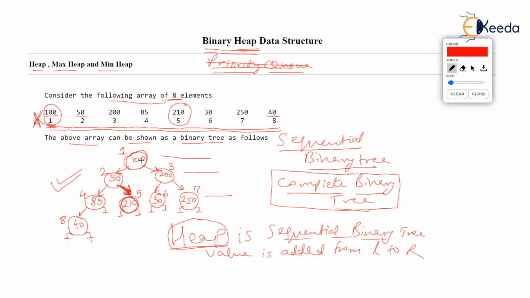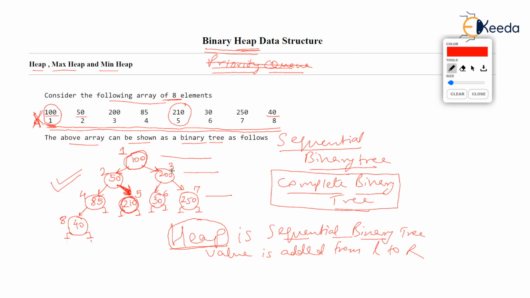Okay, that means if the child number is given, we can easily find the parent number. Of course, the converse is also true. Suppose you are given node number 3 and you are asked, who are the children of node number 3? I mean, who are the children of this node 200? If node number 3 is the parent, you can easily find where the children are.